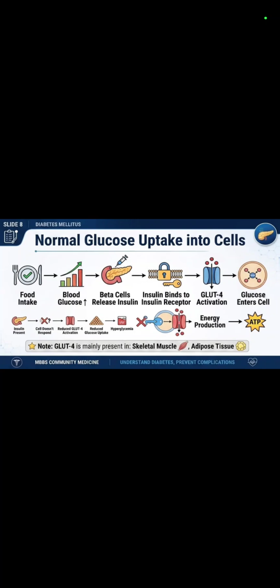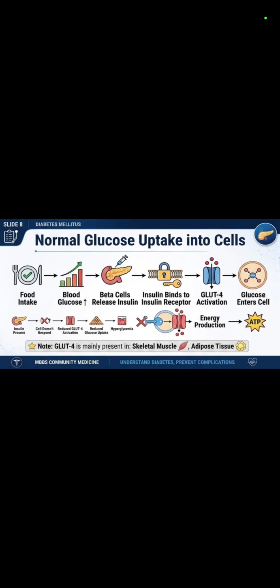When these GLUT4 receptors are activated, they help in uptake of the glucose molecules into the cells. This is the end point and the most important point, because only after taking up the glucose into the cells will the body produce ATP and the energy will be produced.